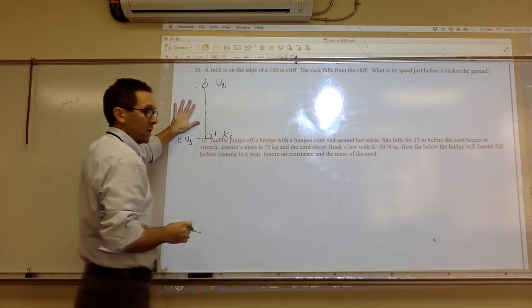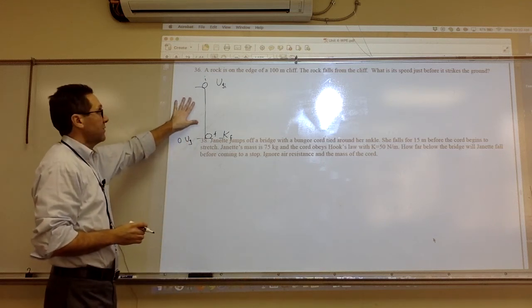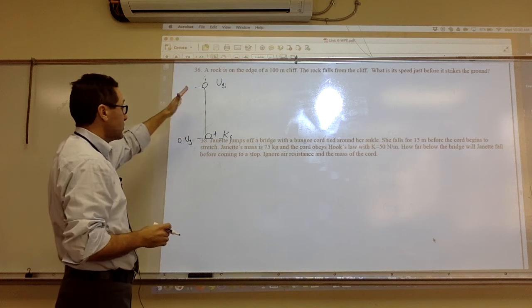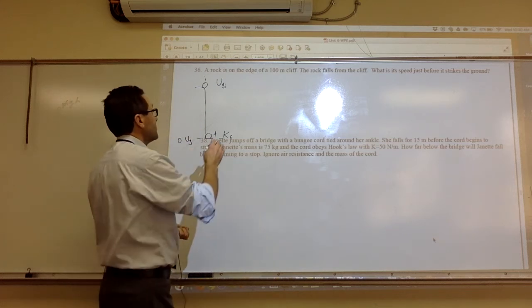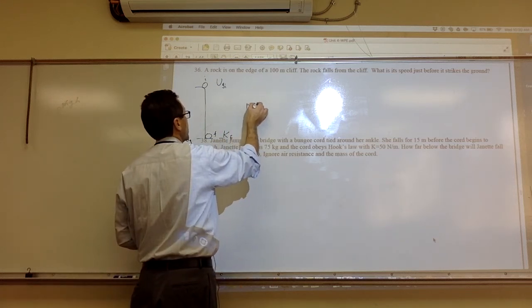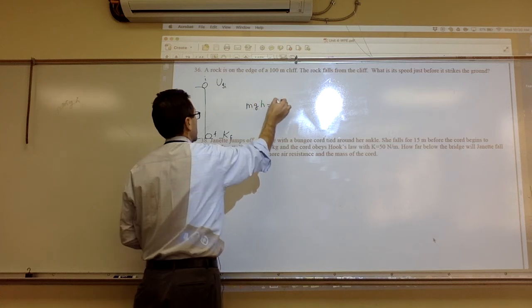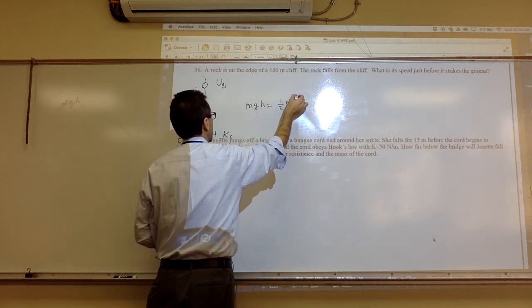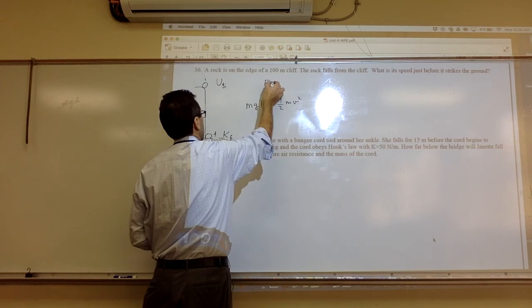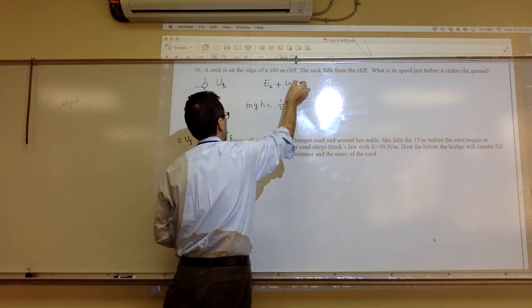In the textbook and in the take-home quizzes, you have problems like this where there is friction, there is air resistance. Okay, so mgh is 1/2 mv squared. That's basically coming from this equation.